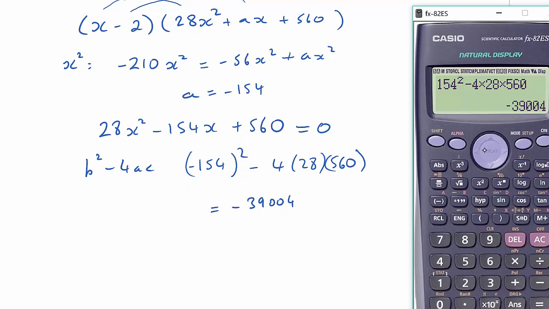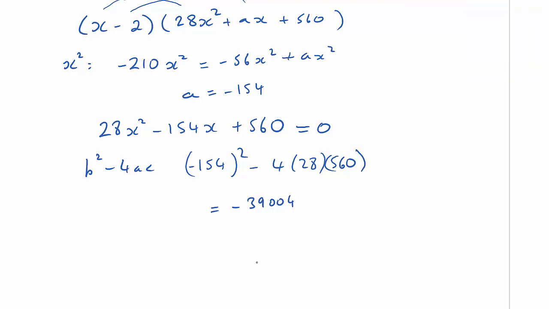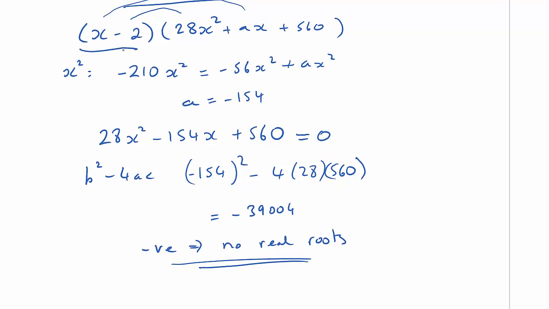So it seems quite big. Let's just check that. Okay. And negative implies no real roots. So the quadratic has no roots. So the only possible answer is the x minus 2 giving us x equals 2.